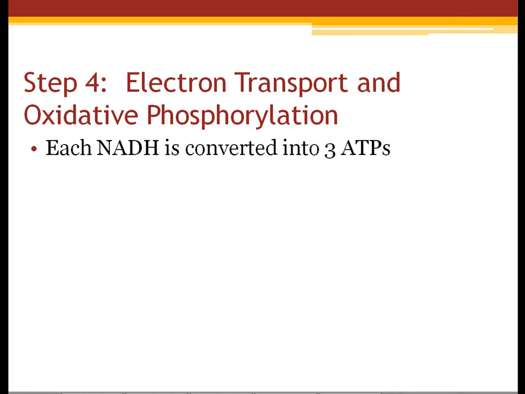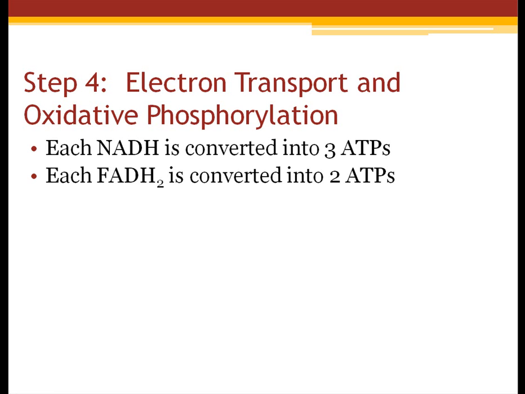For each NADH that we reduced, it is in the electron transport chain that we see it come to fruition. Through a series of oxidation and reduction reactions, each NADH is able to produce 3 ATP molecules. We also see each FADH2 made being able to be converted to 2 ATP molecules.